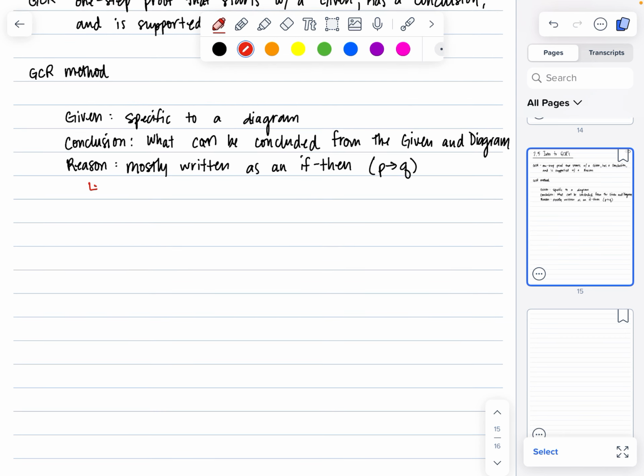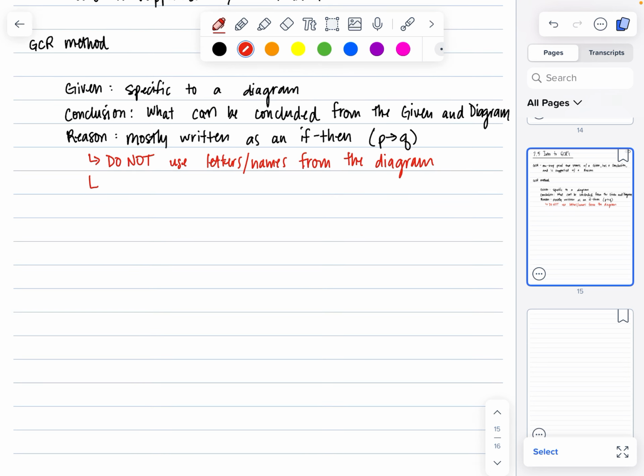Okay, and this is the kicker. There are some do's and do nots that you should follow. Do not, under any circumstances, use letters or names from the diagram. And then number two, what you should use is definitions, theorems, or properties.